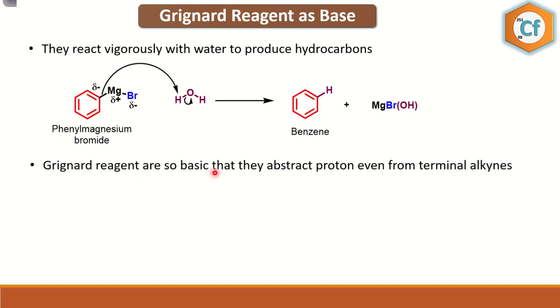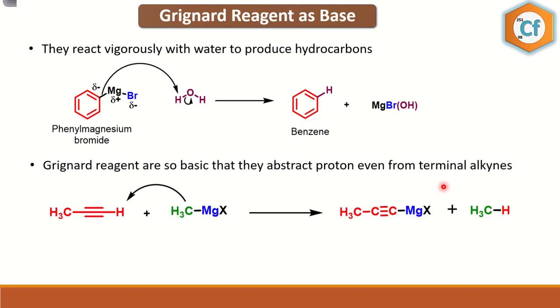Similarly, Grignard reagents are so basic that they abstract a proton even from terminal alkynes. If you take any terminal alkyne, what are alkynes? They have a triple bond, and terminal alkyne means that the triple bond is at one of the ends. So here is an example of a terminal alkyne. This is propyne, CH3CCH.